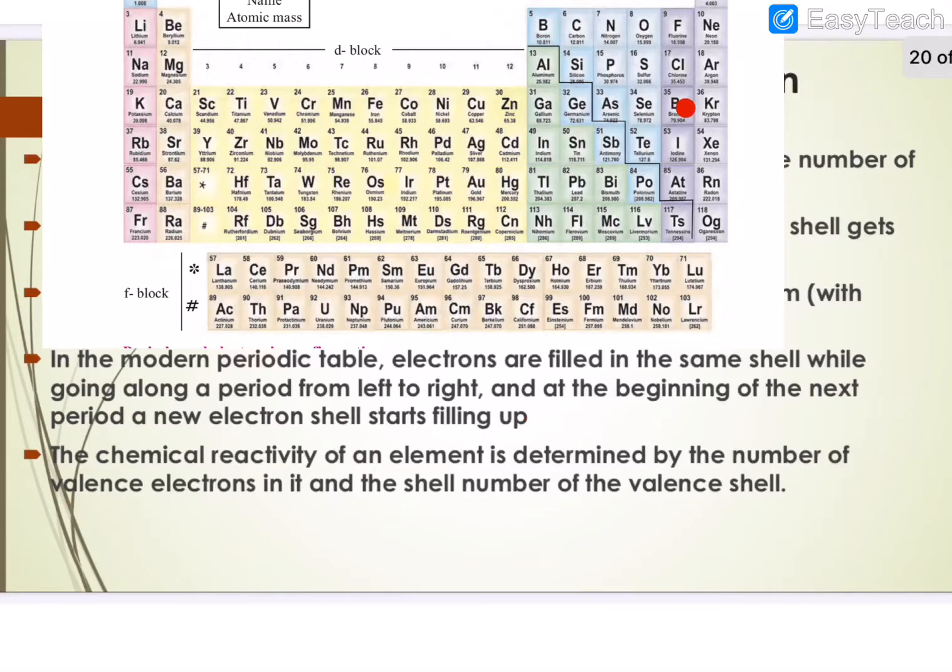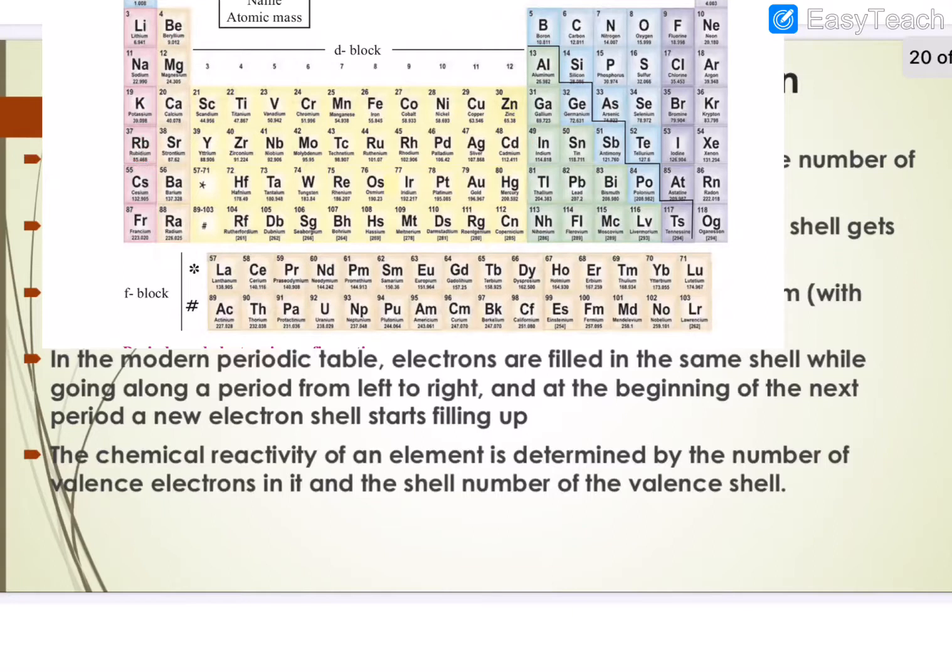So inside a period, the number of shells is the same, but when it goes to the next period, the number of shells increases, that is, there is one extra shell when going from one period to the next. From the first to the second period there are 2 shells, in the third period there will be 3 shells, and in the fourth period there will be 4 shells.